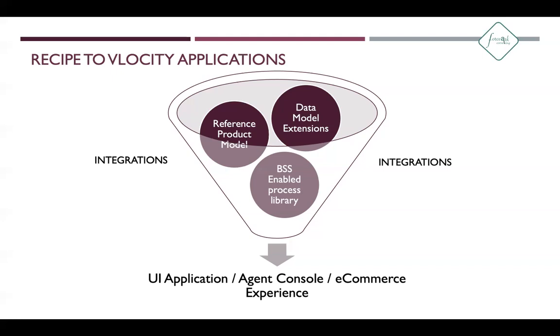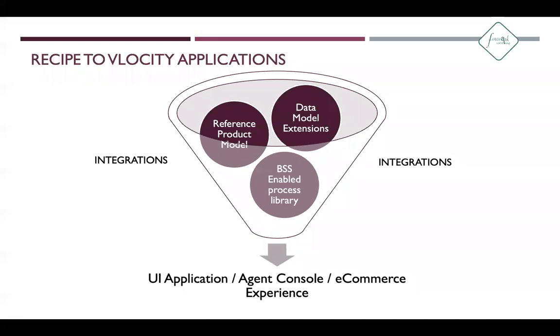On similar lines, Vlocity has provided data model extensions, wherein you can bundle the offers, bundle the products, and create your own offers and your own data extensions. That's what Vlocity comes up with.